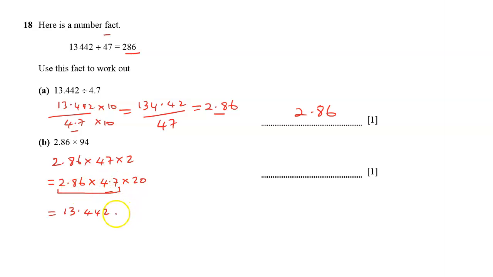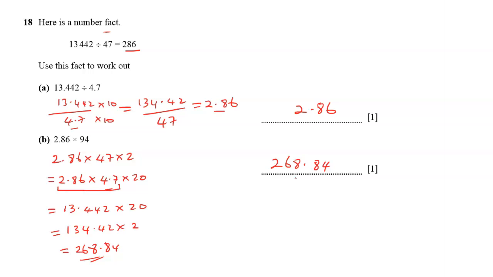This is 13.442 times 20. Of course, you can multiply by 10, so you'll get 134.42 times 2. Then now you can multiply everything else by 2, and when you do that, this becomes 4, this becomes 8 point, this times this is 8, this times this is 6, this times this is 2. So 268.84. There you are.